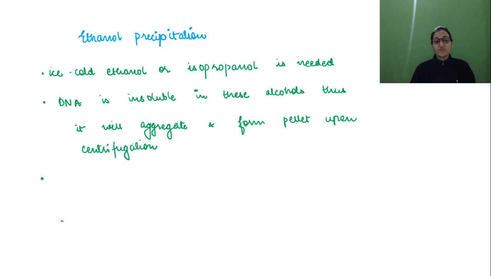Then precipitation of DNA can be improved by increasing the ionic strength. Usually addition of sodium acetate is done so that the DNA precipitation can be improved.